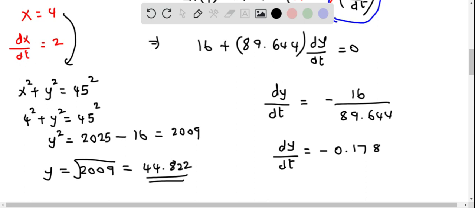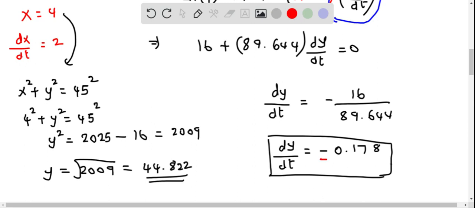This is the rate of change of y. When the sign is negative, it means y is decreasing. So this answers the question: dy by dt, the change of y with respect to time when x is increasing, is negative 0.178.